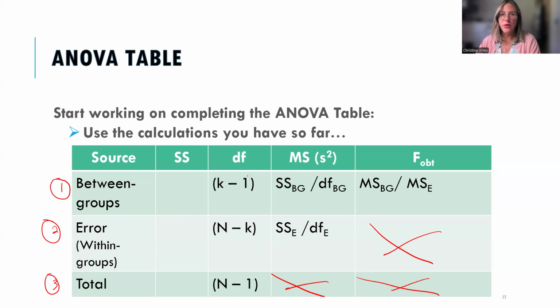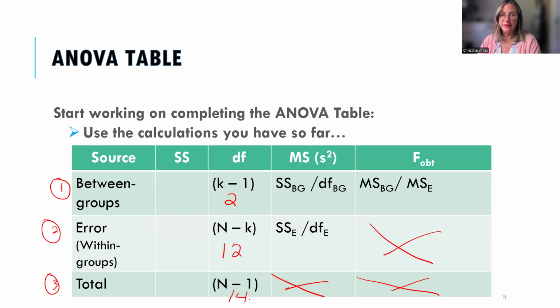We know that our degrees of freedom between groups is 2 because k minus 1, we got 2 already. The error, if you remember, was n minus k. There was 15 minus 3. It was 12. So we could fill that in. And then the total is the capital N minus 1. So 15 minus 1, and we'll put that down here.